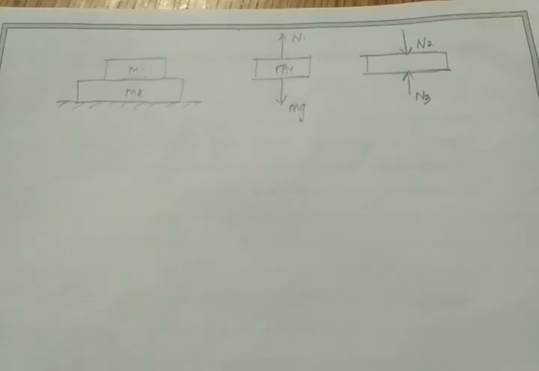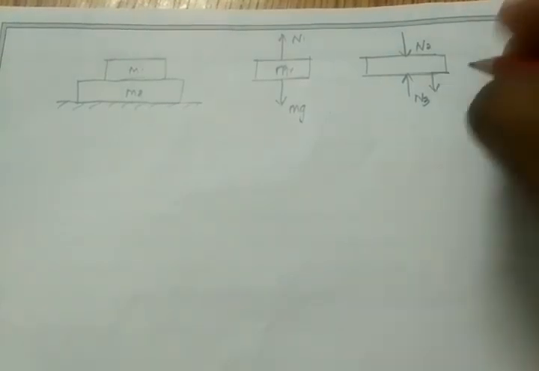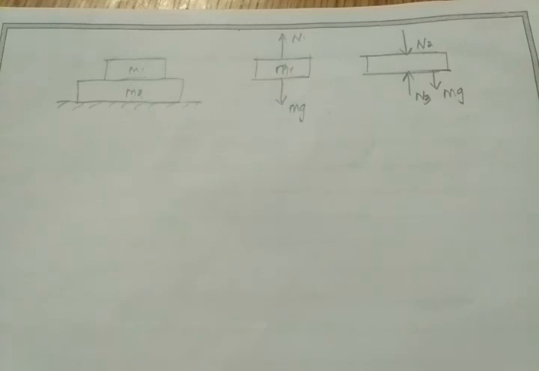Clear? Then as usual we have the weight of m2, acting downwards, mg. Clear? Now you are clear about this free body diagram, right?